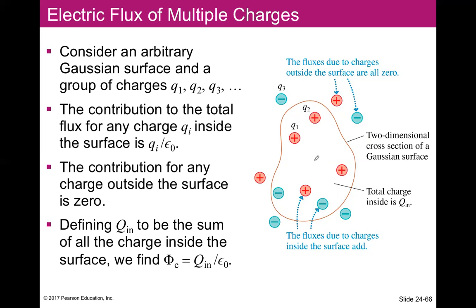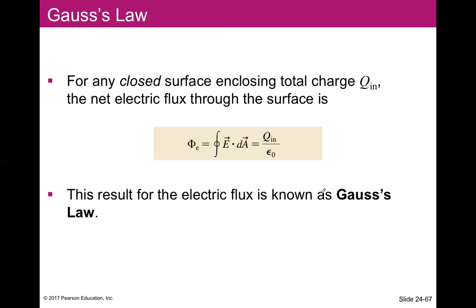For example, if you have 4 positive charges and 4 negative charges inside, then the net flux on the surface should still be 0, since the net charge is 0. This is all due to Gauss's law, because Gauss's law tells you that the flux equals Q in over epsilon. Q in means the net charge inside the closed surface.